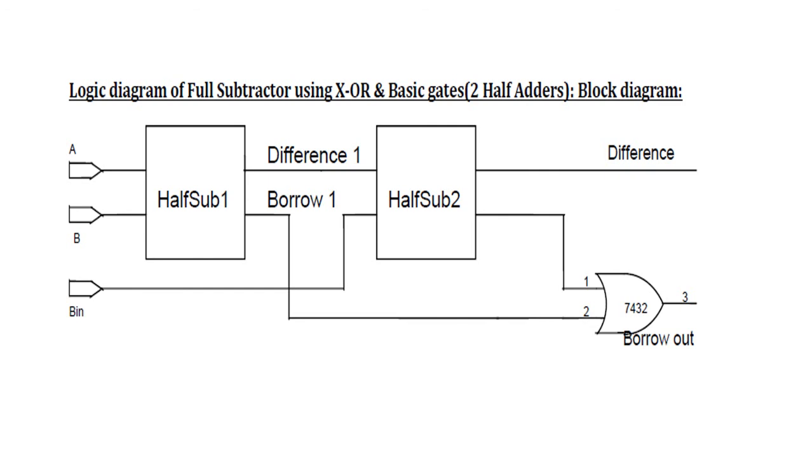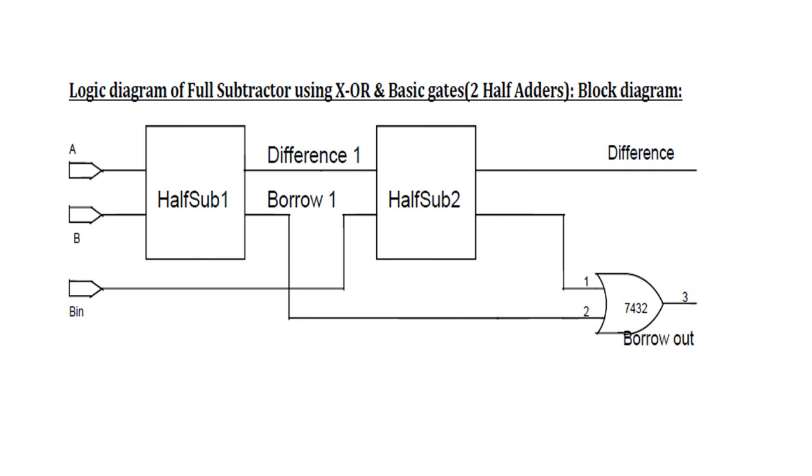The output of the first half subtractor is difference and borrow. This difference is given as input to the second half subtractor circuit, and one more input B in is connected to the half subtractor 2. The output of the half subtractor 2 is difference, and this is borrow 2. This borrow 2 and borrow 1 both are connected to OR gate. So this is my final borrow out.